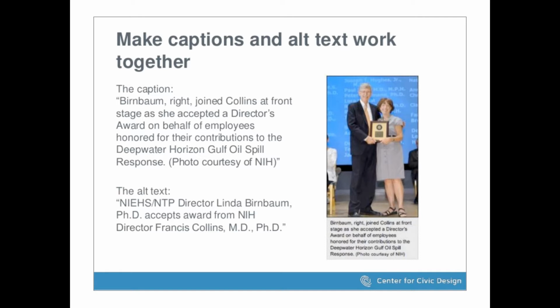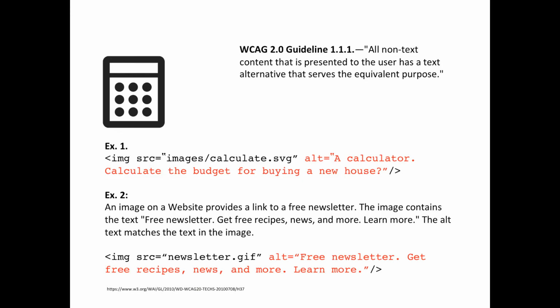Can I make that work in tandem so that I'm not just restating the same thing twice? Thinking about that from the user's perspective, and also from a search engine's perspective, can make your site very rich and pop up very high in search engine optimization, as well as do very well in accessibility testing.